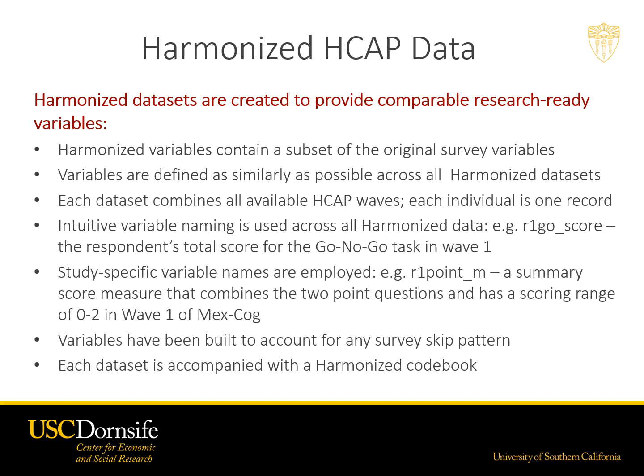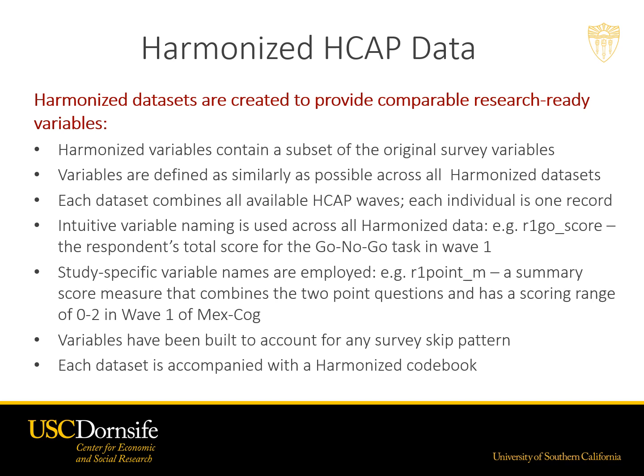Harmonized variables contain a subset of the original survey variables and are defined as similarly as possible across all harmonized datasets. Each harmonized dataset combines all available HCAP waves, and each individual is counted as one record.